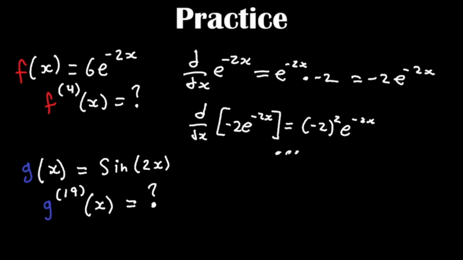In general, if we differentiate it n times, we're going to have negative 2 to the nth power, because we're going to have n of them, e to the negative 2x. So after 4 derivatives, since we're just repeating the chain rule again and again, we should have 4 multiplications of negative 2.